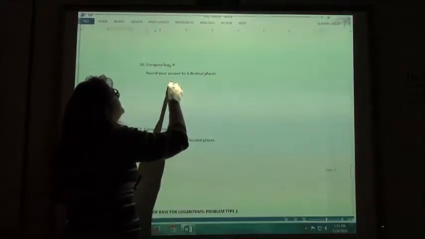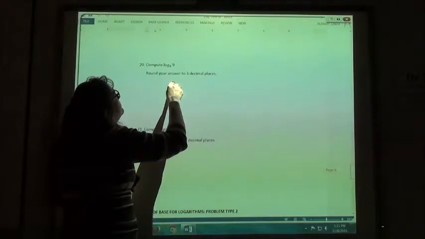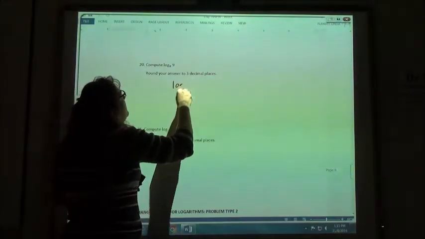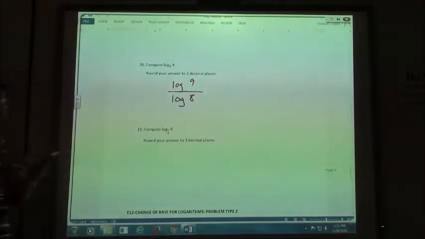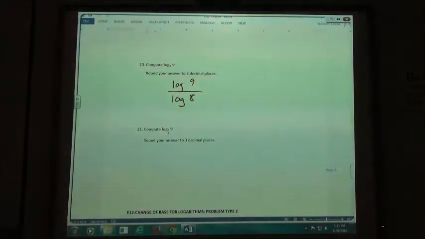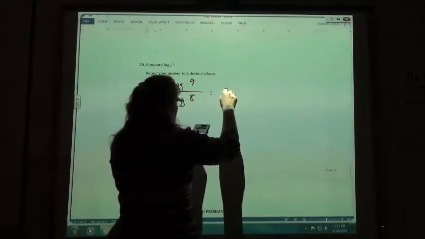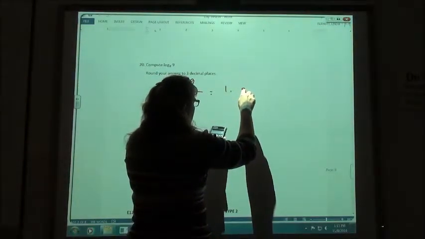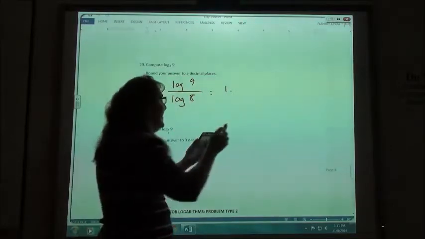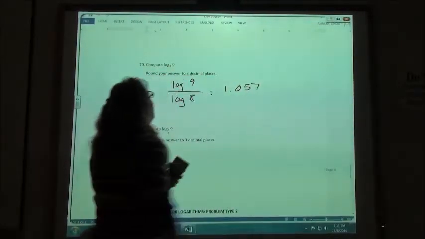So now if I want to do number 20, what am I going to do on my calculator? Log of 9 divided by log of 8. Which gives me 1.057.